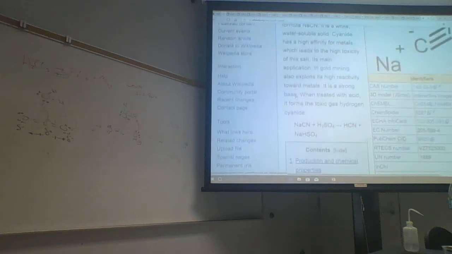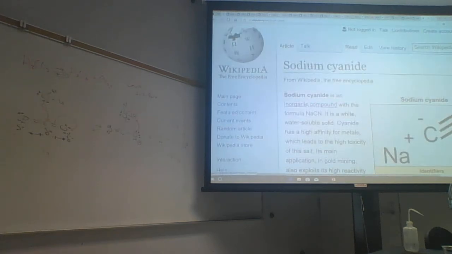These gas chamber type salts: you take the salt, sodium cyanide, and add acid to it. This is a metathesis reaction. So sodium cyanide plus something like HCl or some other acid will form what?